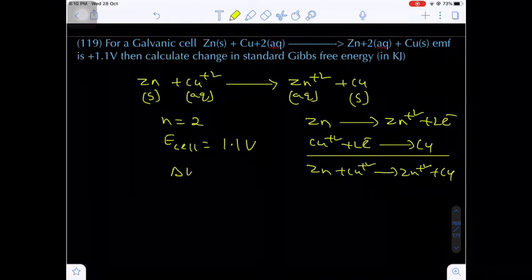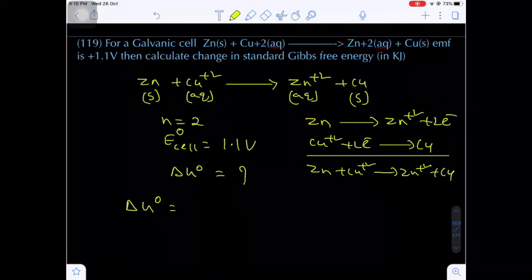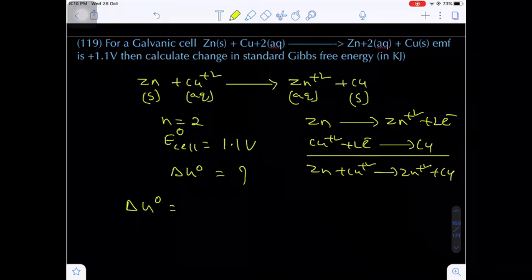What is the question? The standard Gibbs free energy change, delta G naught value, is the question. So this is the standard EMF of the cell. Yes or no? Now in the previous class I explained one relation between the change in Gibbs free energy in the standard state versus the EMF of the cell, galvanic cell, battery EMF, that is the electrical work done.